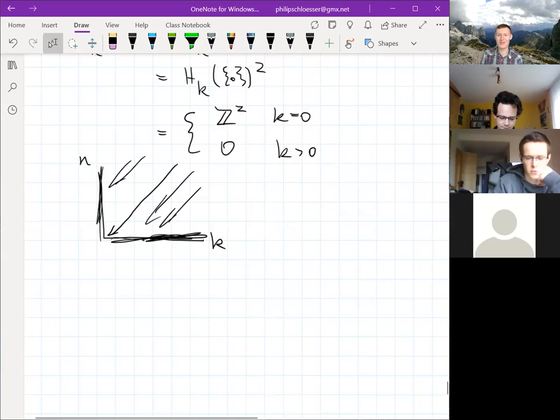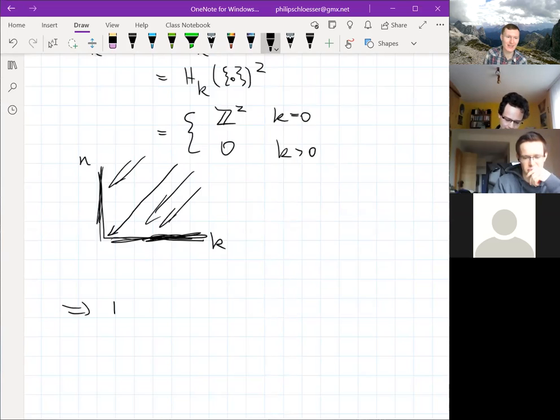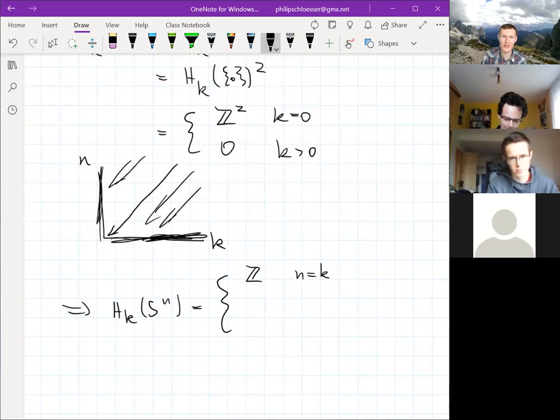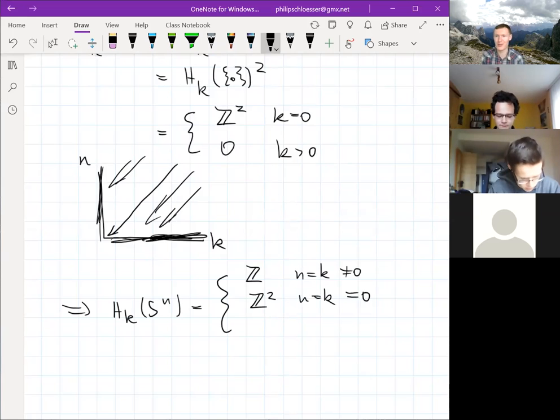The difficulty comes in writing it down, but ultimately our finding is that Hk of Sn is Z if n is equal to k and both are non-zero. We have Z squared if n is k and they are both 0. We have Z if k is equal to 0 and not equal to n. And we have 0 otherwise.